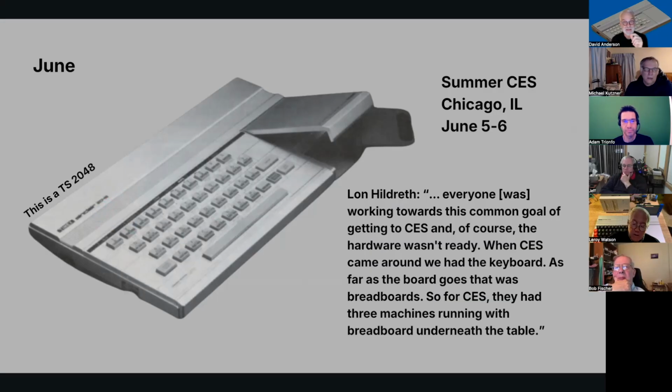They had the case, they had the keyboard, they did not have the motherboard that went inside it. What they did, Lon told us in our Zoom meeting, was they had their boxes of breadboards sitting underneath the table, providing the power behind the machine, which was pretty amusing.